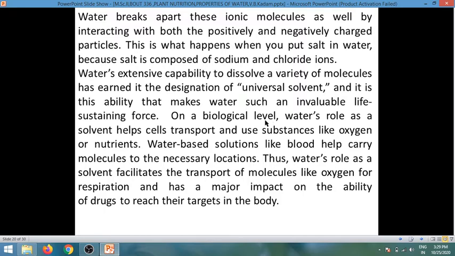On a biological level, water's role as a solvent helps cells transport and use substances like oxygen or nutrients. Water-based solutions like blood help carry molecules to the necessary locations. Thus, water's role as a solvent facilitates the transport of molecules like oxygen for respiration and has a major impact on the ability of drugs to reach their targets in the body.